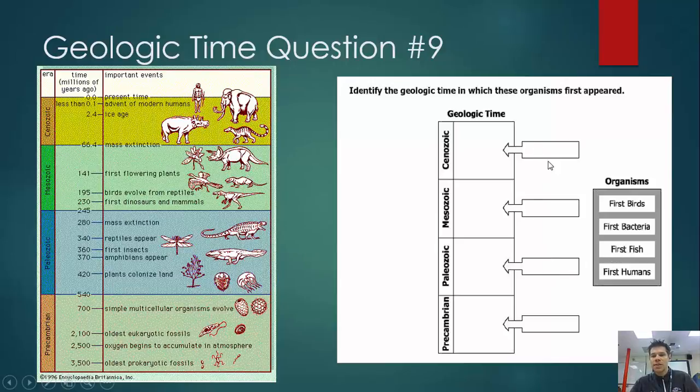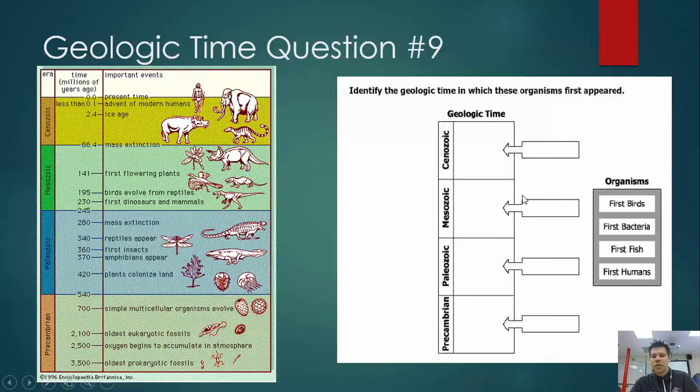So our last two choices would be birds and humans. Now, hopefully you've caught on to this by now, but humans have only been here in a very, very brief period of time, right along this line at the very end of the current Cenozoic era. So our next step would be to put the first birds right here, appearing at the very end of the Mesozoic era.